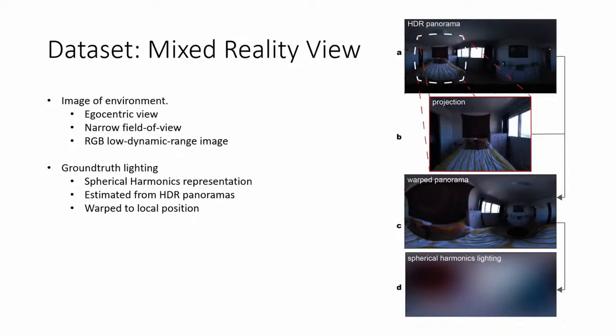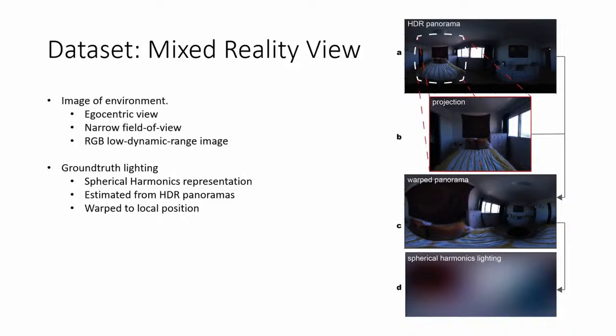For training our model, we produce an appropriate dataset through our mixed reality framework. Our approach consists of using real-world HDR panoramas to produce mixed reality views, where a mixed reality view consists of a pair: the environment image and the spherical harmonics lighting.